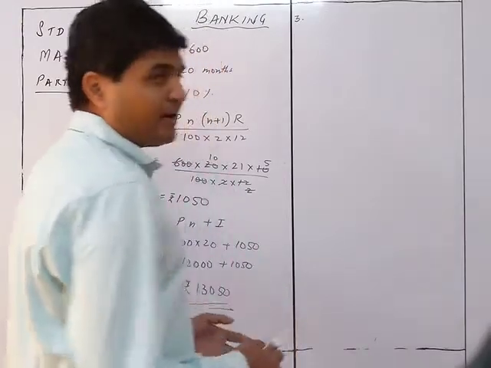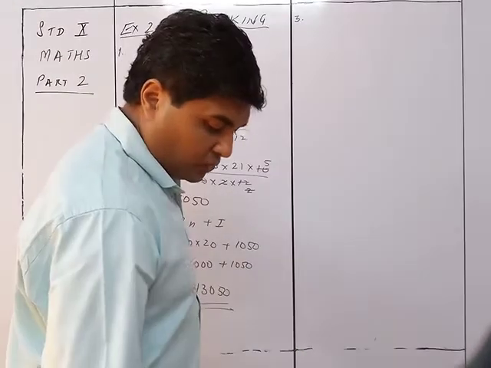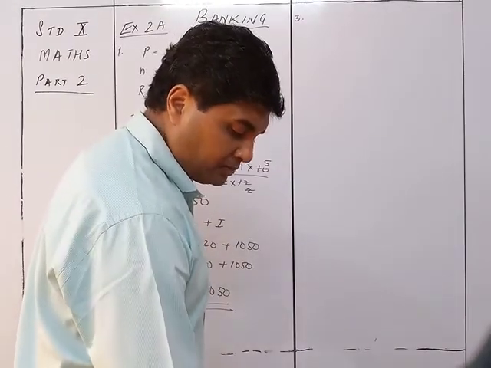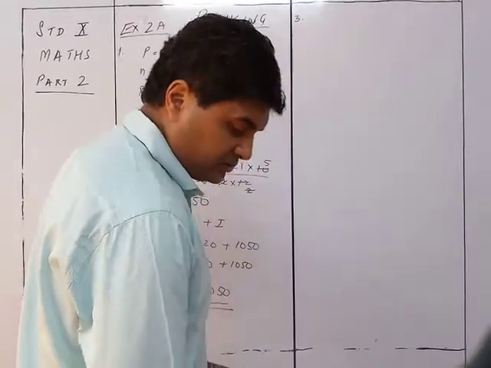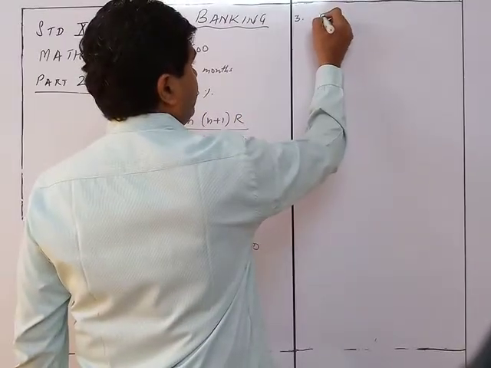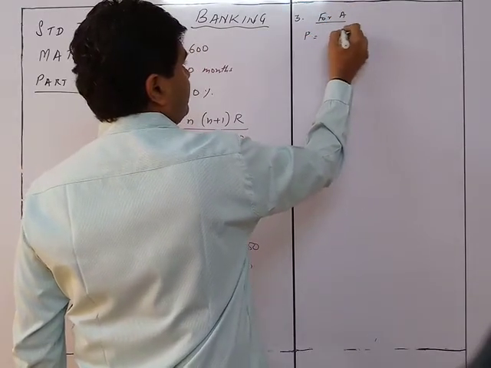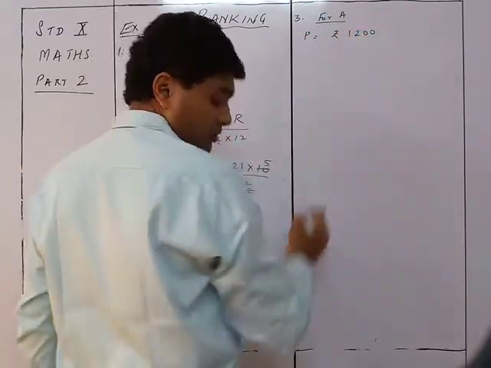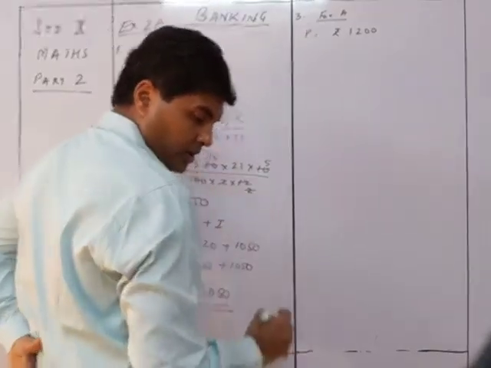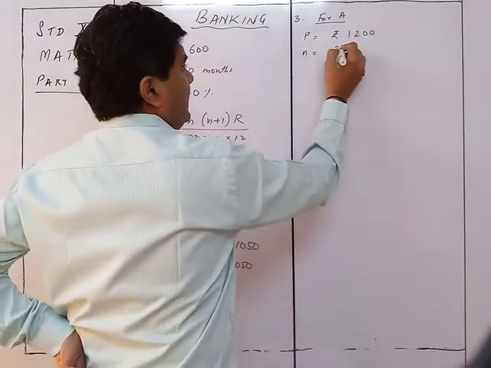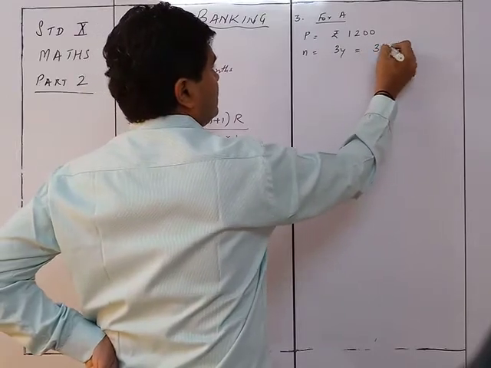So we'll need to find out everything one by one. We need to find the maturity value in both cases. So for A, principal is rupees 1200. n is equal to 3 years, which is 36 months.